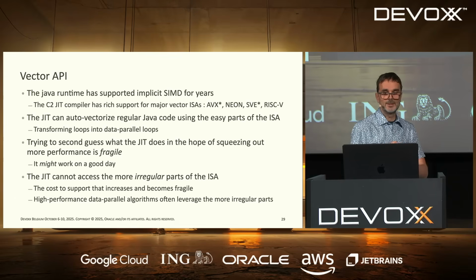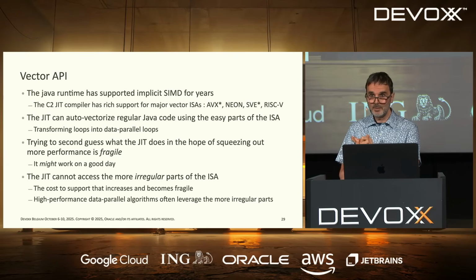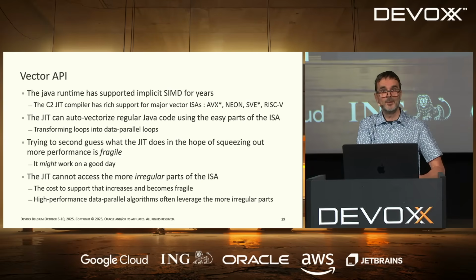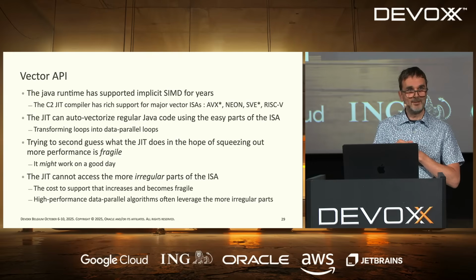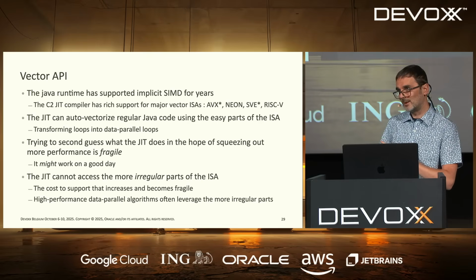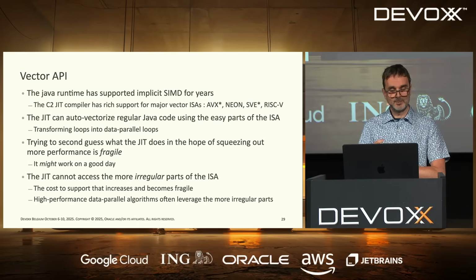But trying to second guess what the JIT does in the hope of squeezing out more performance, and providing a programming model based on how you understand the JIT works, is not the right way to go, because it might work on a good day, and when you upgrade, it might fail on another day. And the JIT cannot access the more irregular parts of the ISA, the more interesting parts where you might want to optimize. The cost to support that increases, and it becomes more fragile.